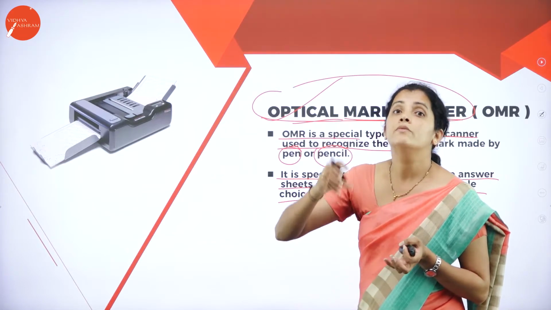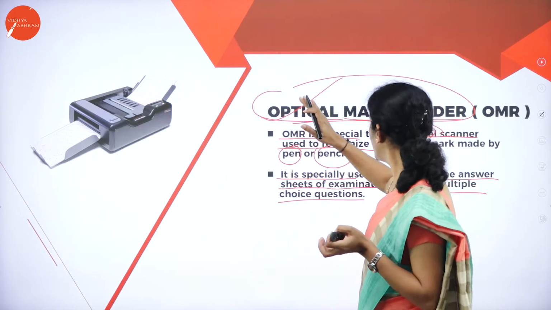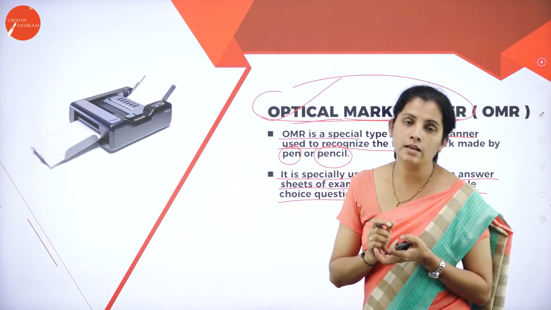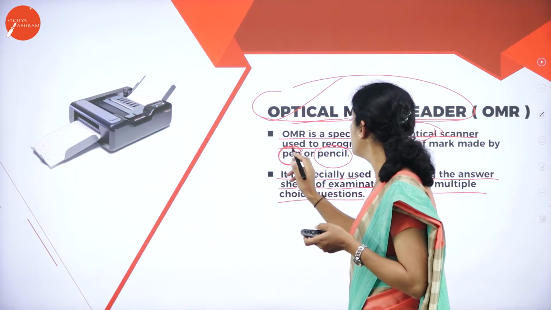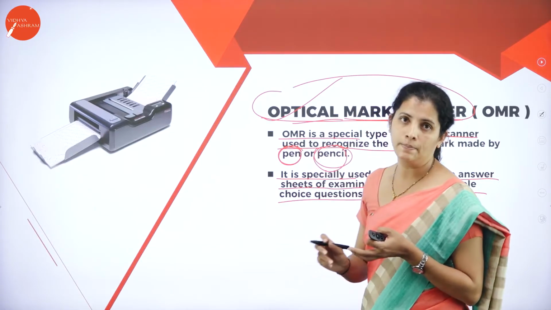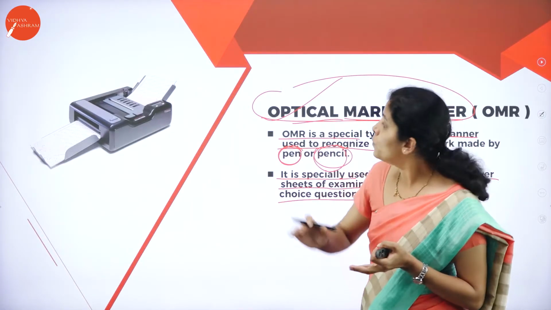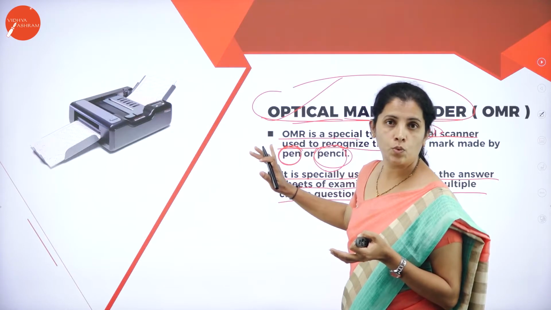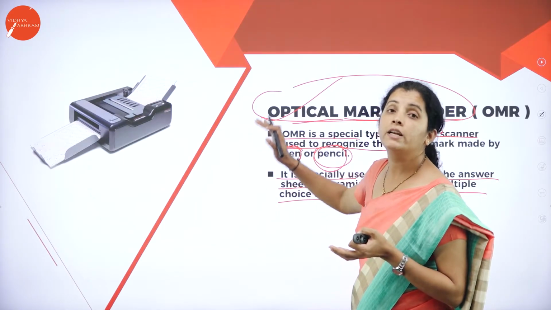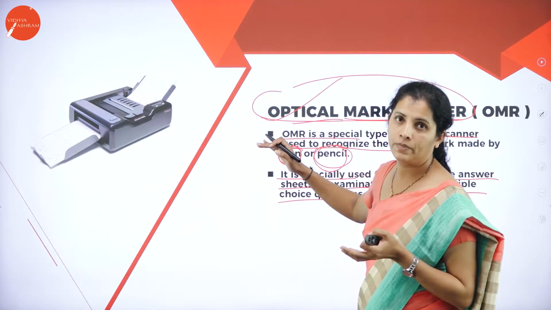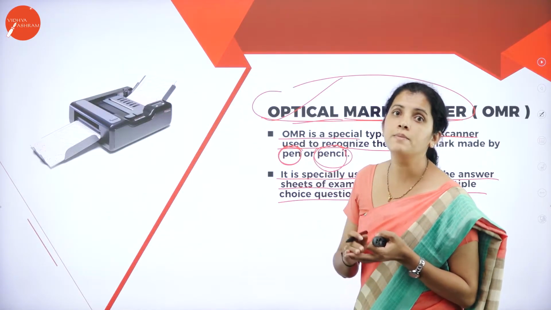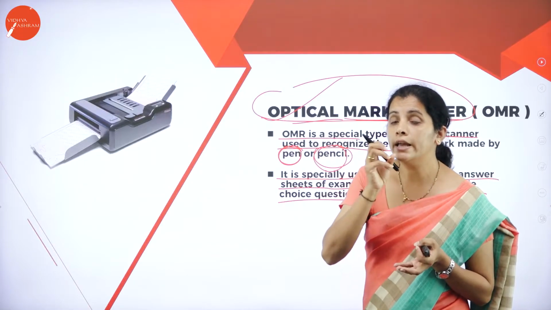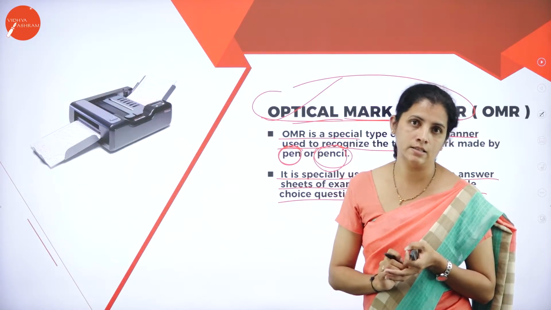That means we are going to use the OMR to read the marks, and the marks are made by using pen and pencil. Then now tell me why we require OMR. Because it reduces the time. That means it reduces the evaluation time. At the same time, it is going to give an accurate result.